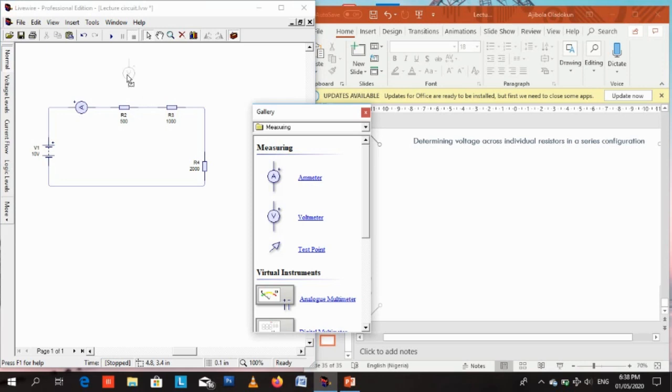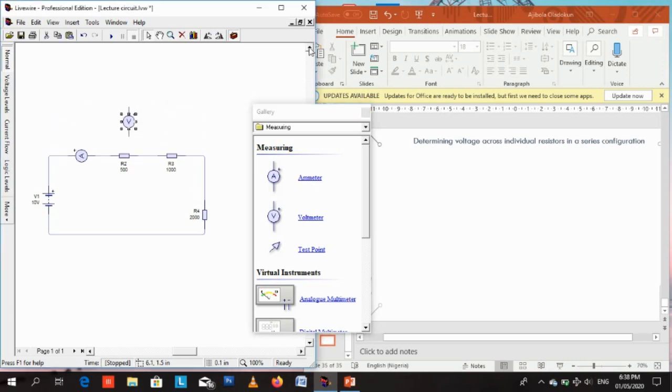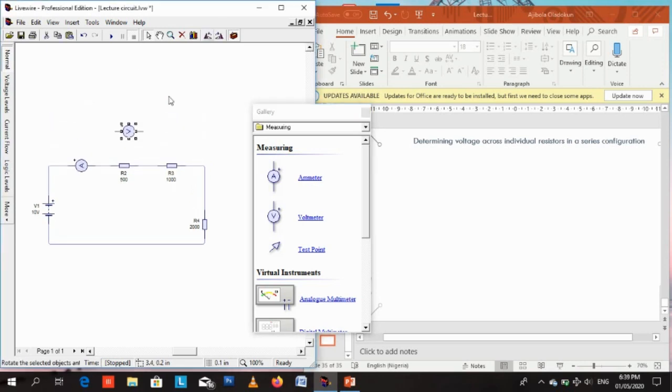Now we want to measure the voltages across each individual resistor, to see whether these voltages should be the same. So let's rotate the voltmeter. Click, click, and click again.